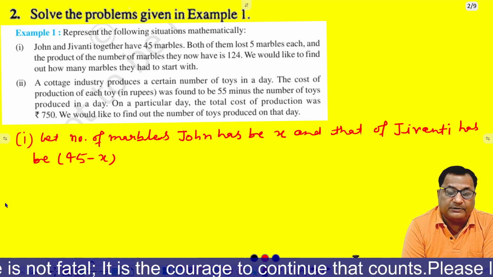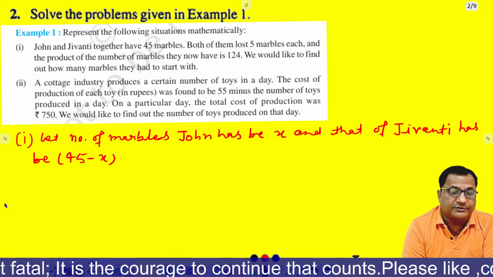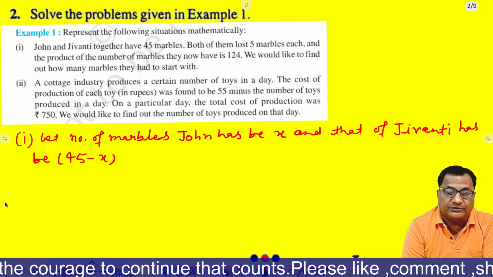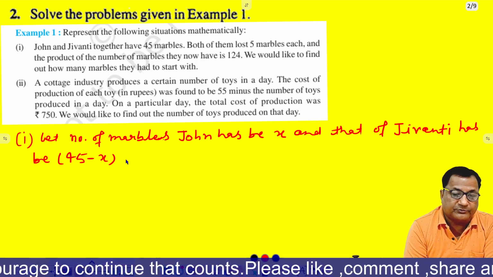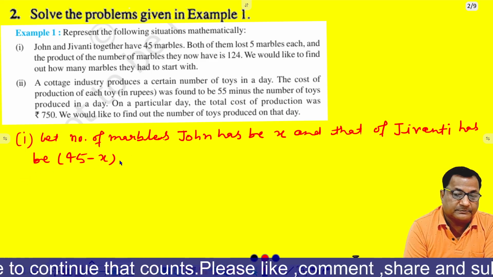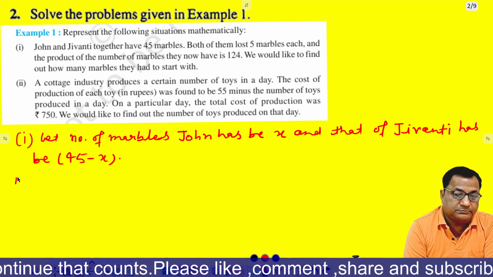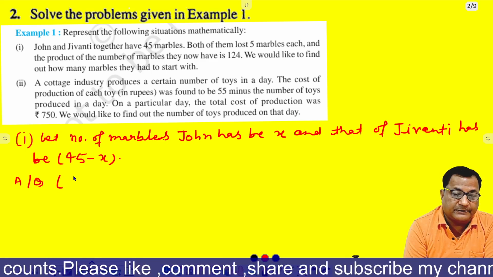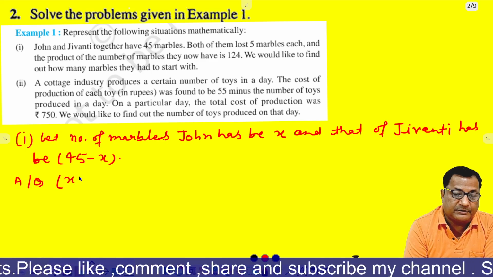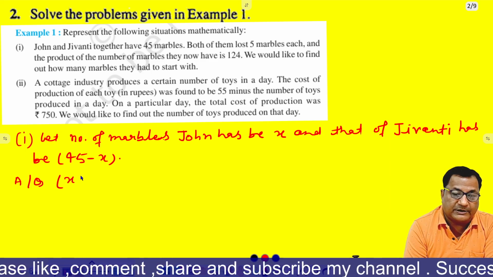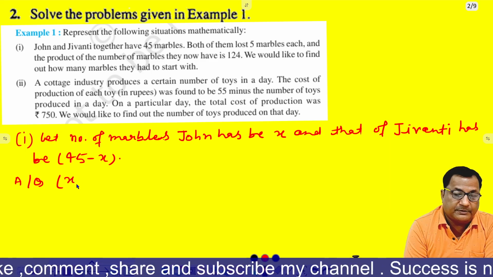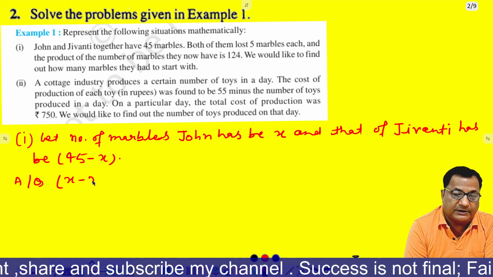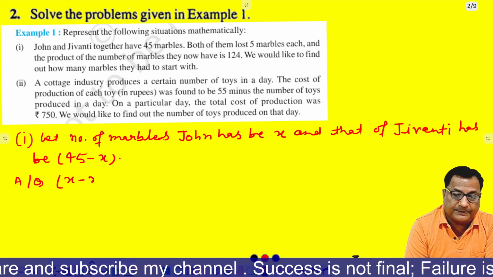Both of them lost 5 marbles each, and the product of the number of marbles they now have is 124. So according to the question, John had lost 5, so the remaining marbles with him is x minus 5.